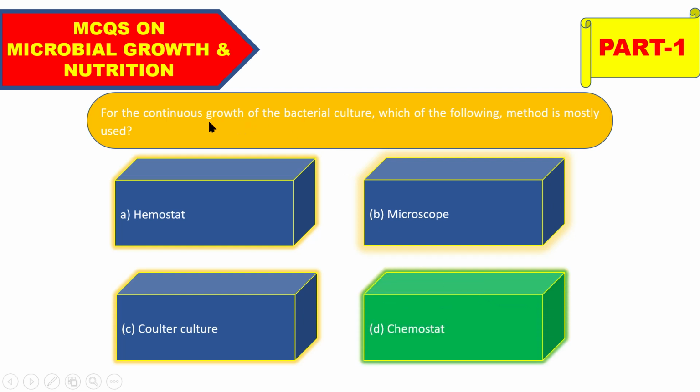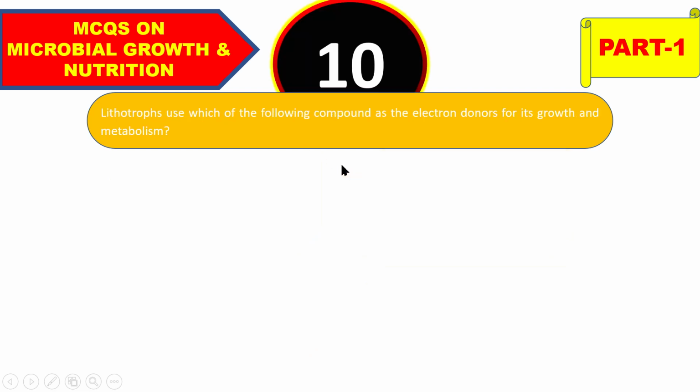So by this chemostat process, we can determine the bacterial culture in continuous growth of bacteria. Okay, so move on to the next. That is lithotrophs use which of the following compounds as the electron donor for its growth and metabolism?